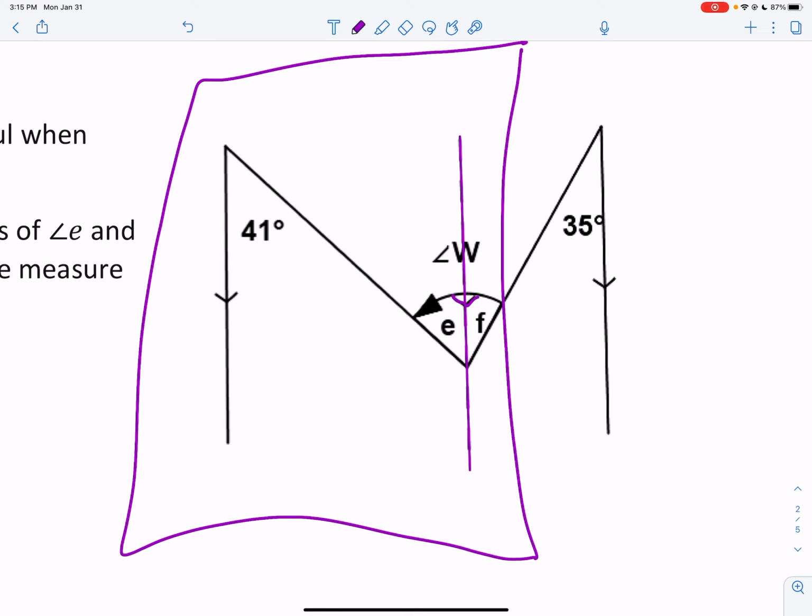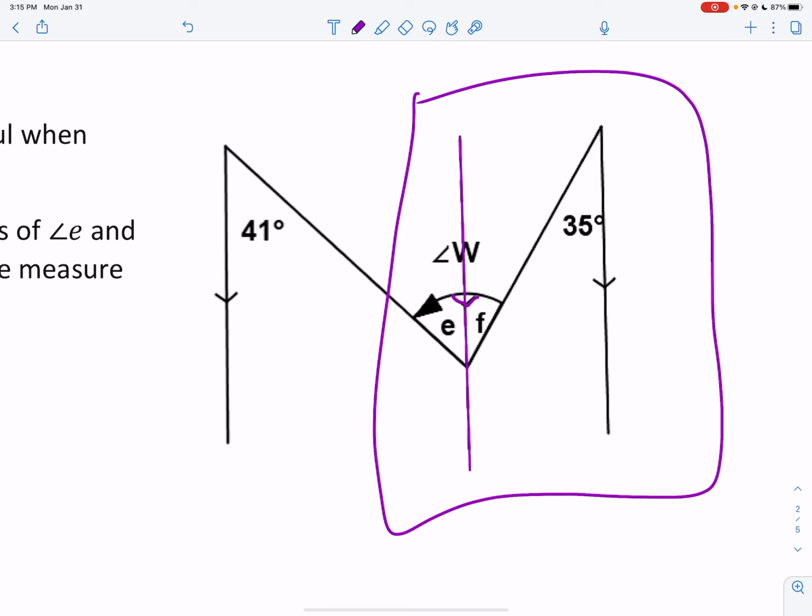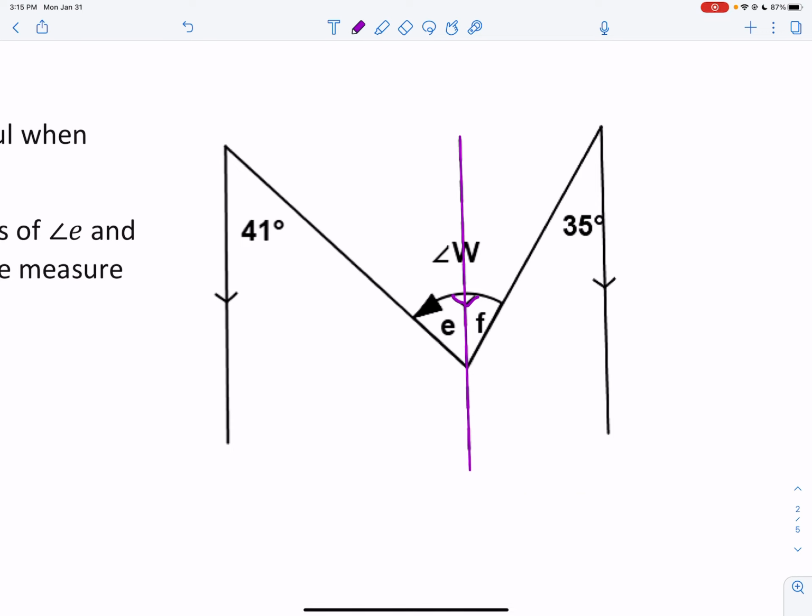It's hard to think about it visually. You can keep it all drawn together, but you're going to have to sort in your head that these two parallel lines are the ones you're looking at. So we're going to figure out what W is by looking at the individual parts first.